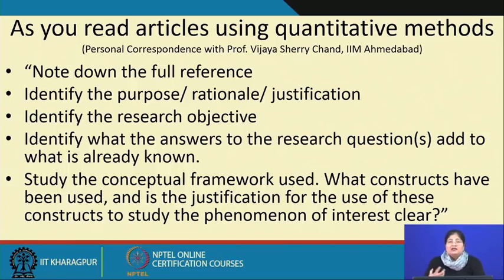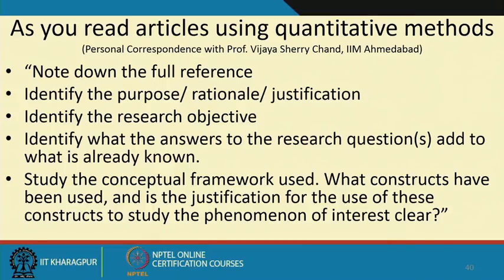In an attempt to find out what you wanted to find out, are the reasons for studying concepts A, B, C really justified, or should you have studied some other constructs in order to answer the questions you were trying to answer? You need to know whether the author really took the right approach in studying whatever the author was studying.